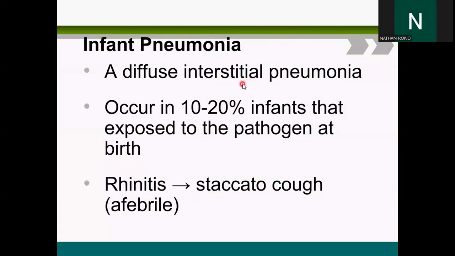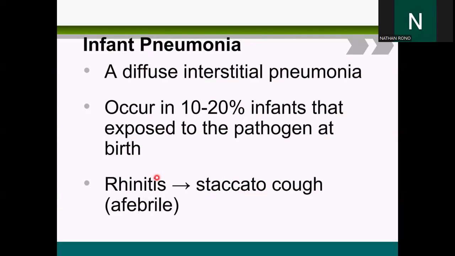What is specific about this pneumonia is the staccato cough, and it is afebrile, meaning there won't be fever associated with it. So rhinitis leading to a staccato cough, which is afebrile.